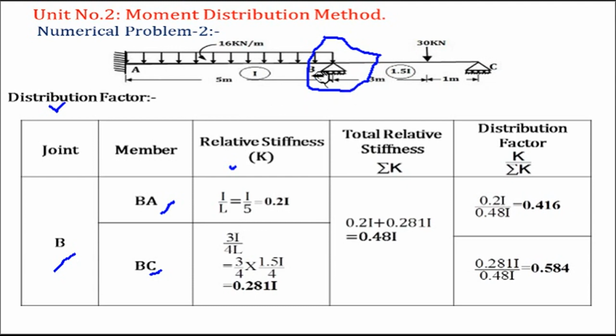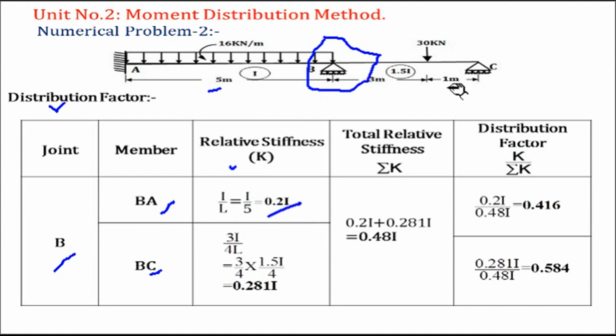So when the far end is fixed or continuous, relative stiffness K is equal to I upon L, so I divided by span 5 meter. So I upon 5 is equal to 0.2 I.